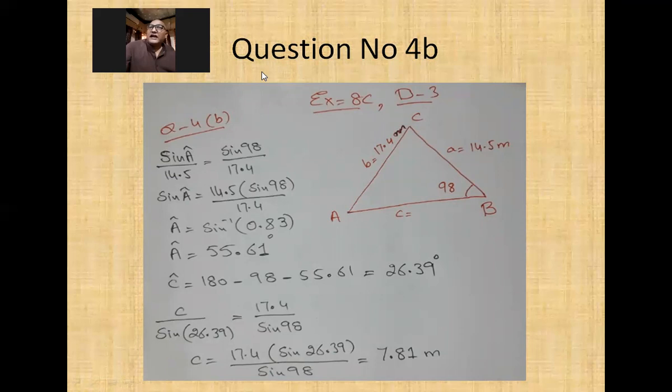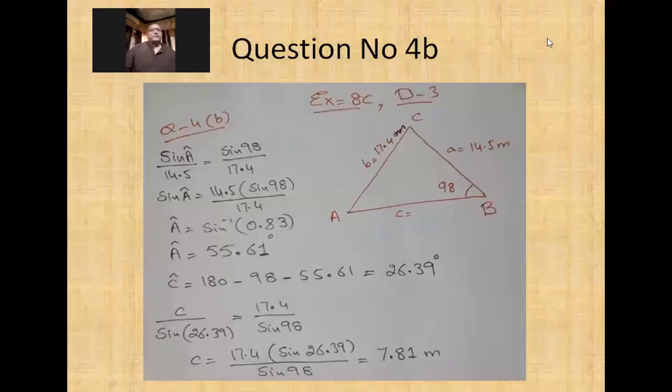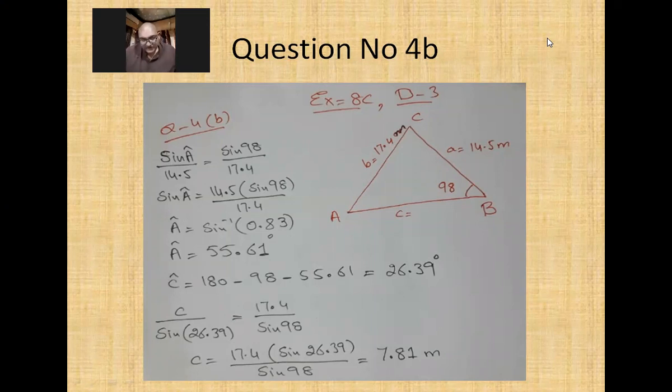That is exercise 8C D3, question number 4, and it's B part. Question number 4, B part, he says the angle B is 98, A is 14.5 meter, B is 17.4 meter.